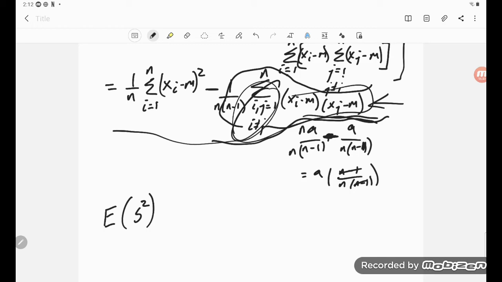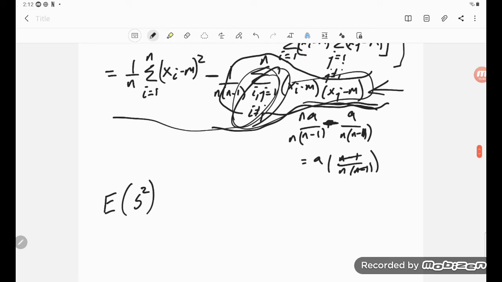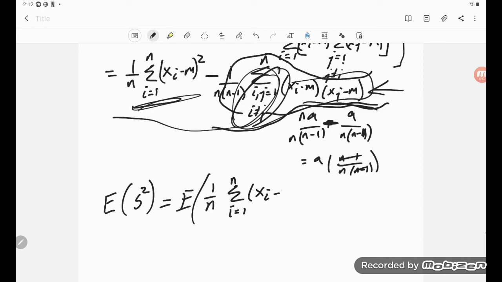Okay, so this just becomes 0. So really, we just need the expected value of this thing, so that's the expected value of this 1 over n, the sum i equals 1 to n of xi minus m squared.